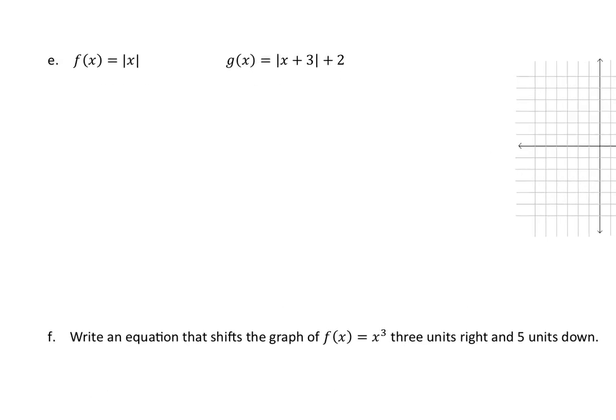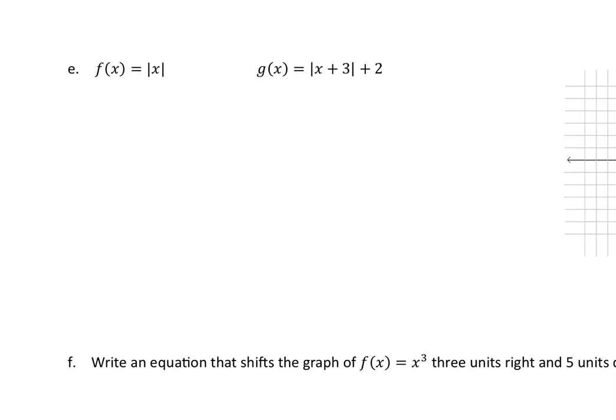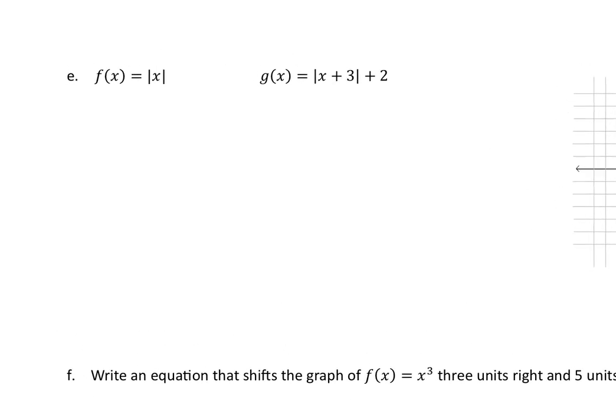All right, let's do a combination problem. And so for this one, we're going to work with absolute value. And so for absolute value, again, our parent graph, we are going to start with the same ones that we use for the quadratic function.